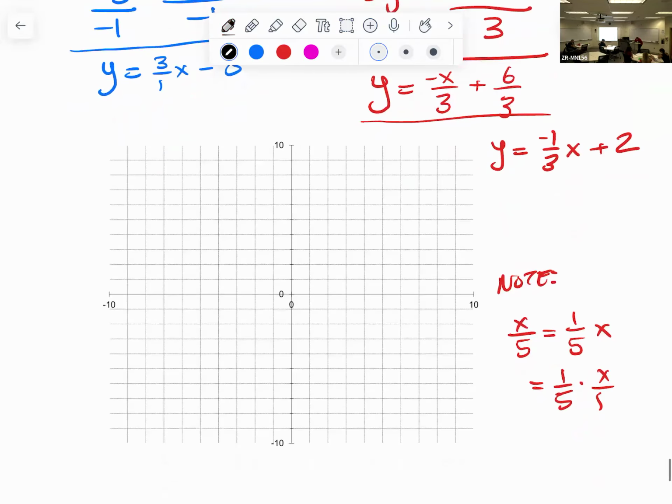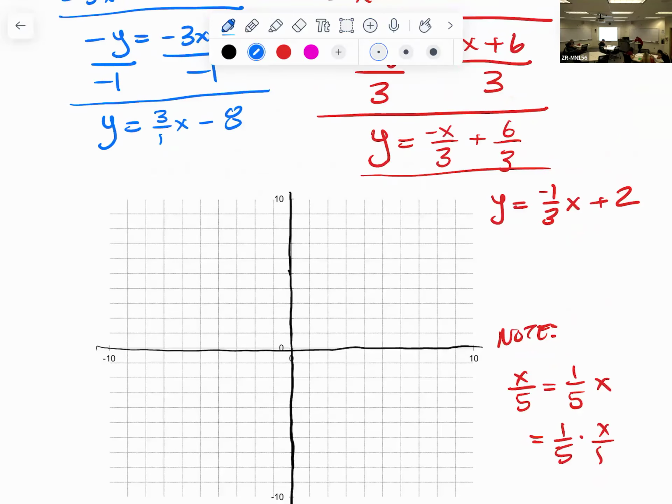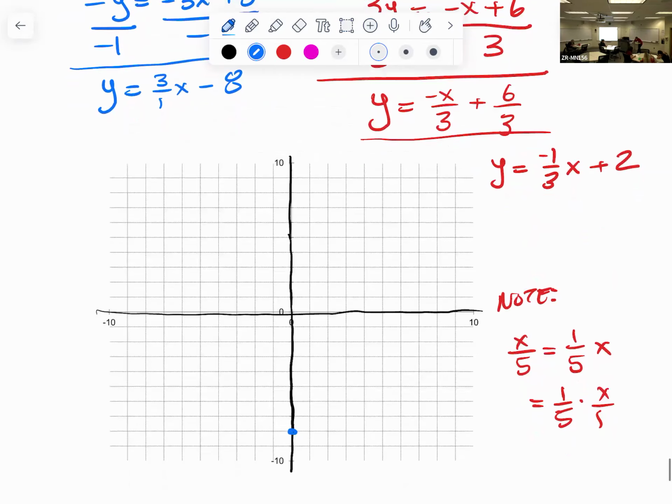All right, so let's graph these, see if we can get a visual on what we're looking at. So 0, -8, with a slope of 3/1.